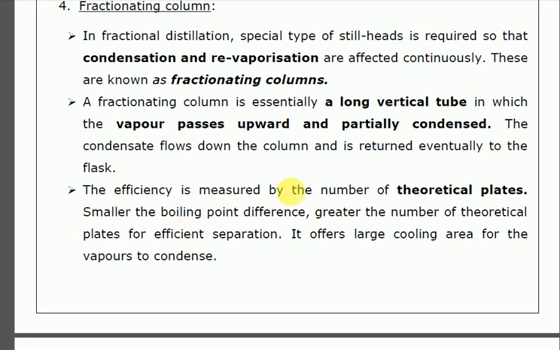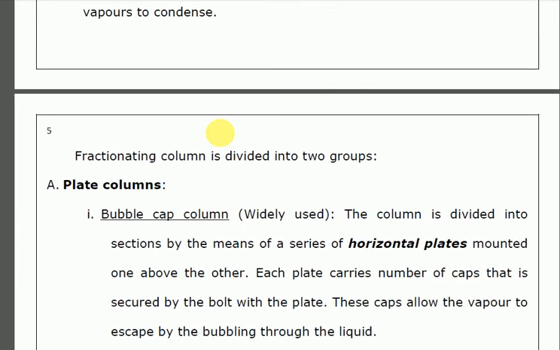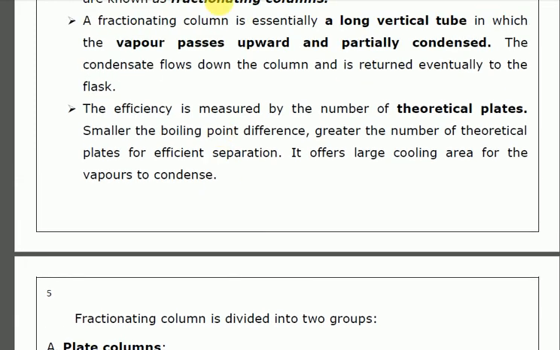The efficiency is also measured by the theoretical plates. Now, what is the meaning of theoretical plates? See, plate 1, plate 2, plate 3, plate 4. If you go on placing the plates one above the other, the efficiency of separation increases. This is what this part is telling you. Okay, the smaller the boiling point difference, the greater the number of theoretical plates needed for efficient separation.